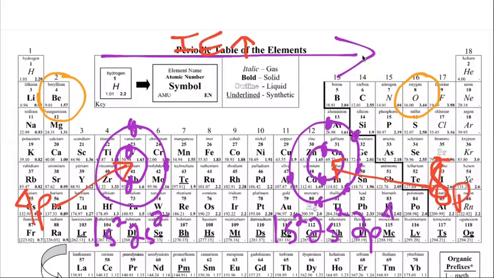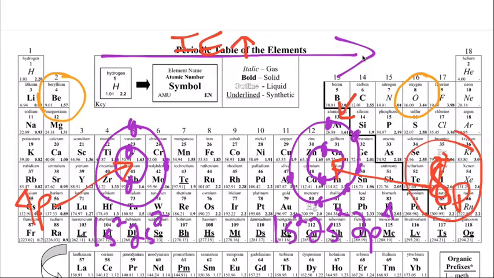So the difference is, look at their Bohr models. They both have 2 energy levels, so you would think they're about the same size, but really oxygen is a little bit smaller because it has more protons in the nucleus attracting the valence shell. As you go across a period, you're adding more protons to the nucleus, but electrons are just being added to the same valence energy level.